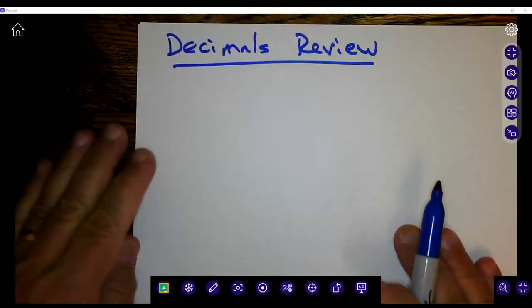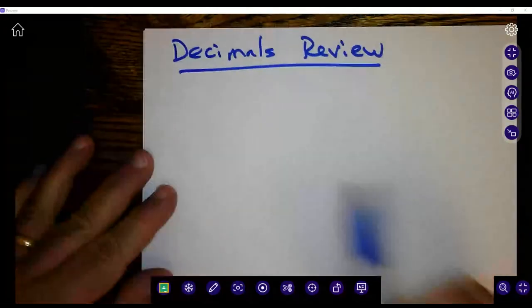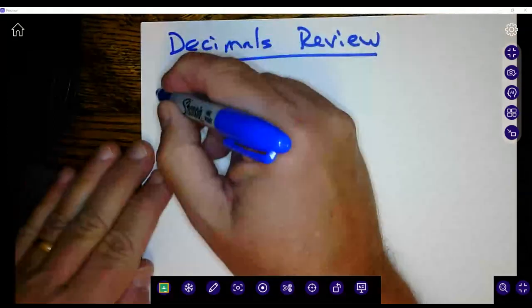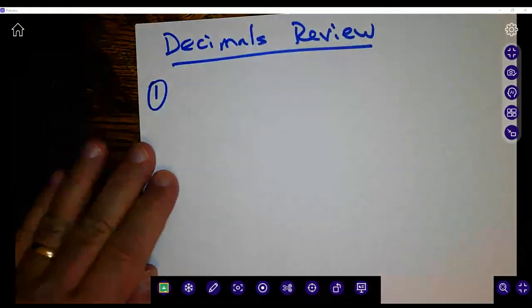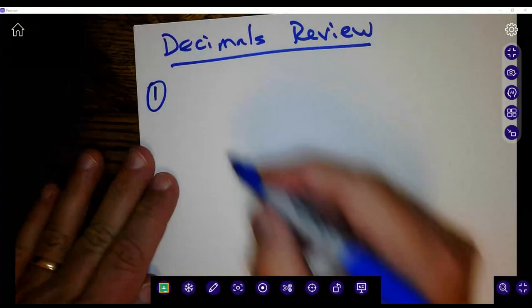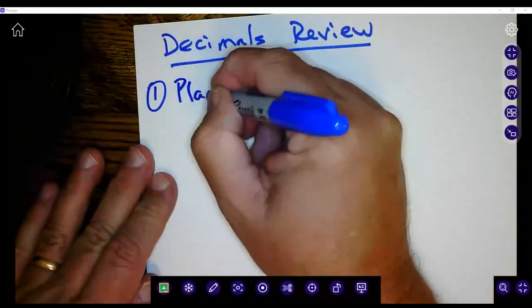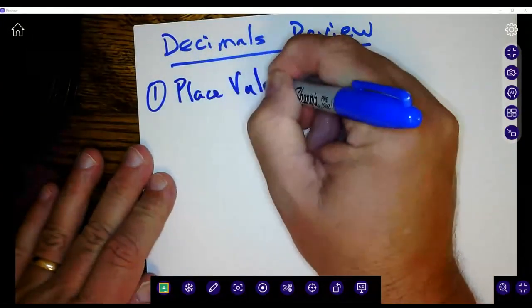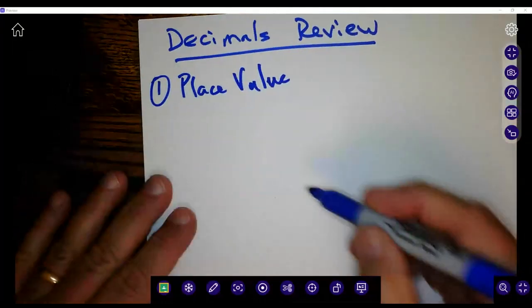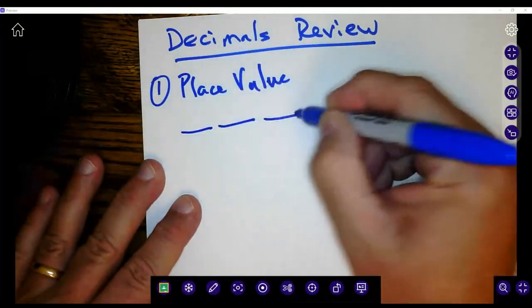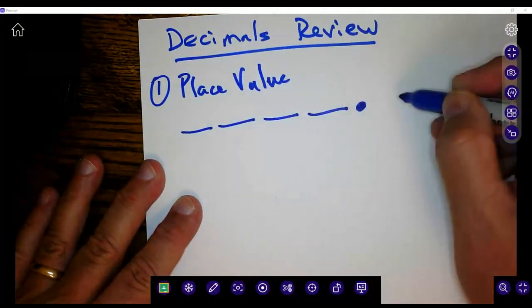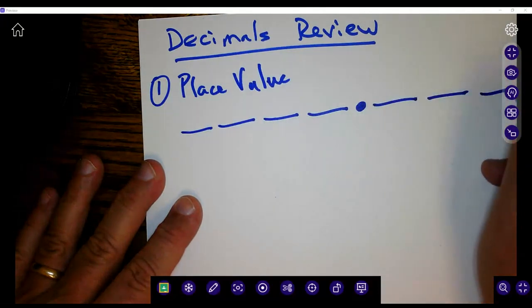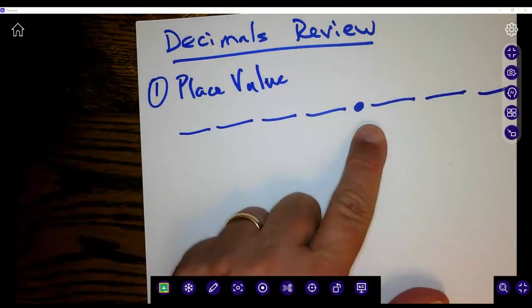Seems like we've been on decimals for a very long time, but it's really not been that long. The very first thing we learned about was place value, where the numbers are in relationship to the decimal point.